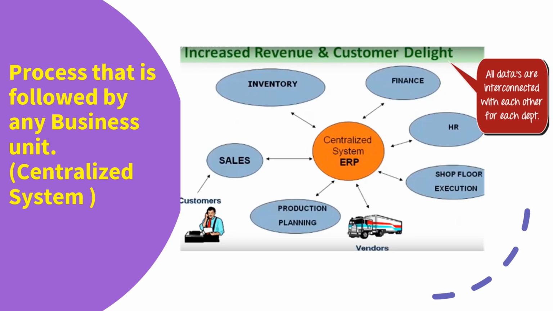So in this model, you can see data is maintained in a central location and shared with different vendors or departments. Departments have access to the information or data from other departments.